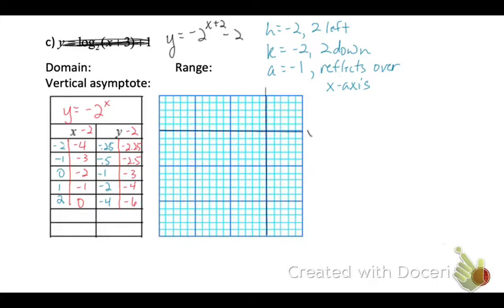Draw your xy axis and label a scale, and then carefully plot those shifted values. So you should see exponential growth that has been a reflection of exponential growth that's been shifted 2 to the left and 2 down.